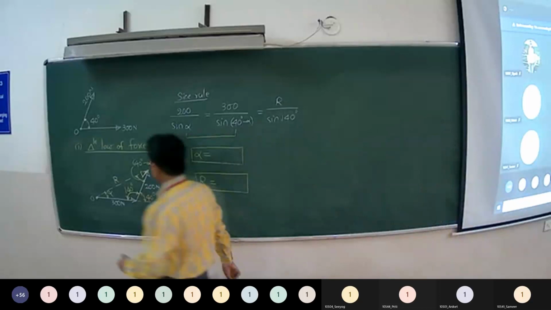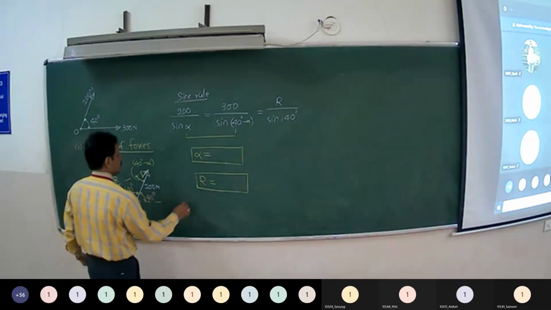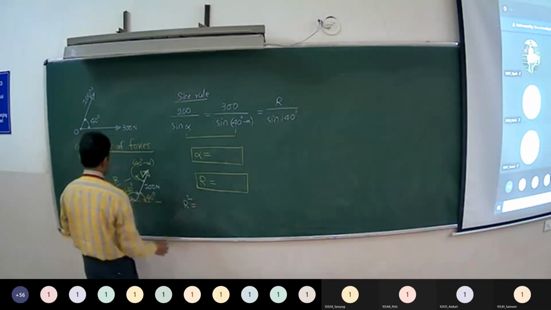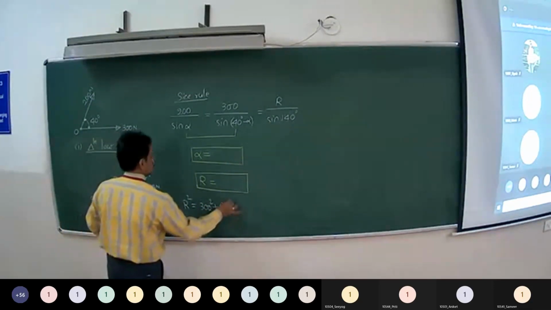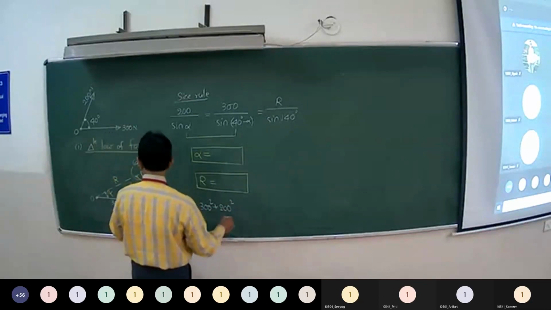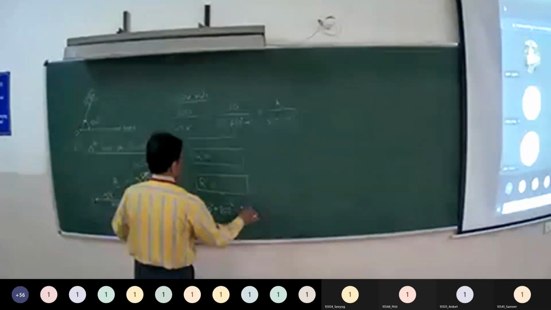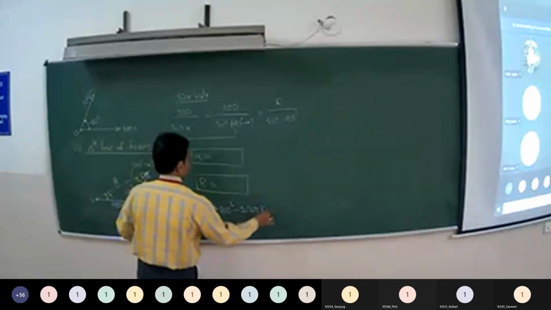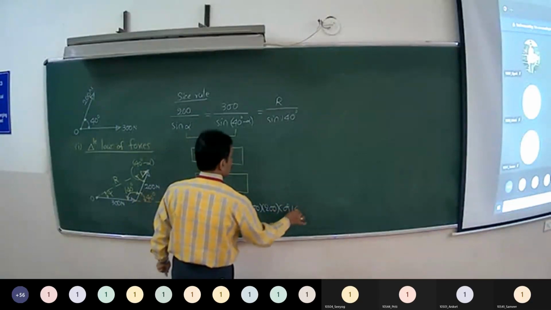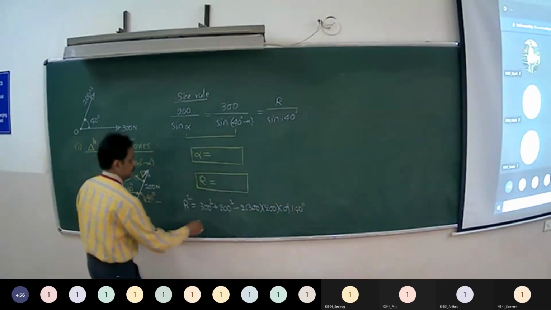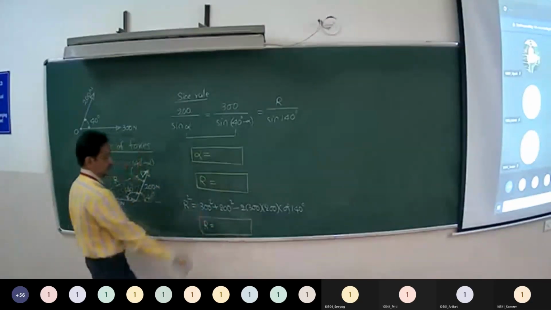Or even to find out the magnitude of resultant, you can use the cosine rule. As per the cosine rule, it will be R square is equal to 300 square plus 200 square minus 2 into 300 into 200 cos 140. R equals 471.